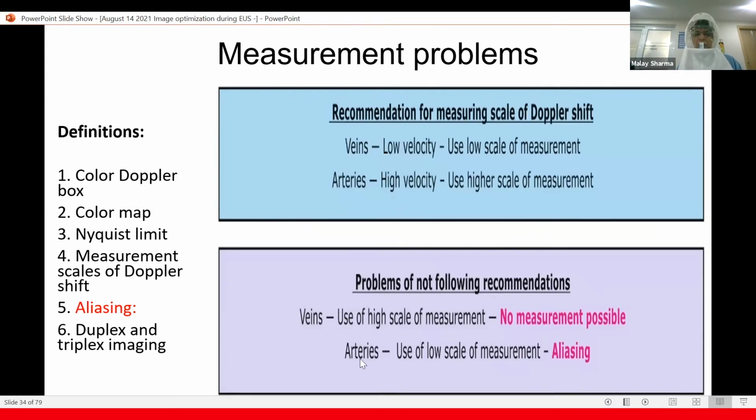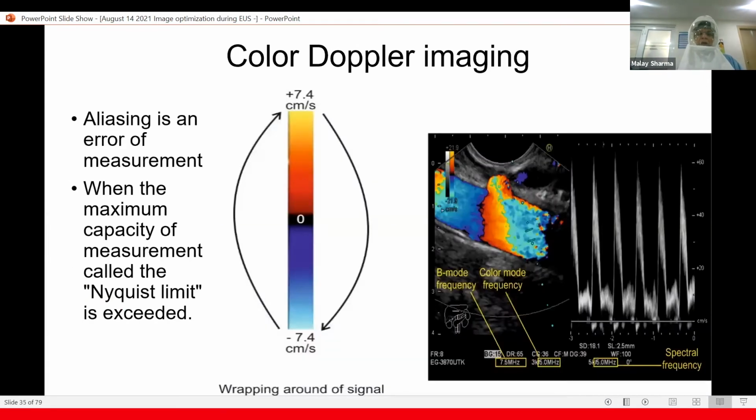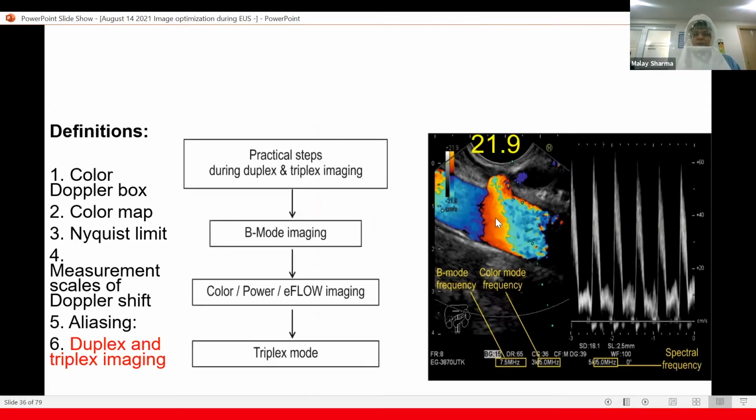And if you use a low scale of measurement for arteries, this will cause aliasing, which we will show. For example, in this vessel, there are several zones of change. The color velocity measurement is 21.9. This is minus scale, plus scale, and this is the changing scale, and this change in color is called aliasing.